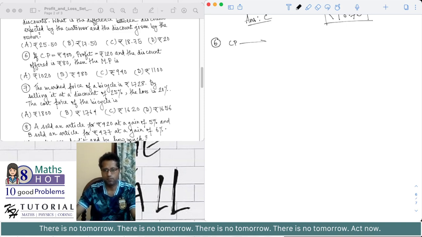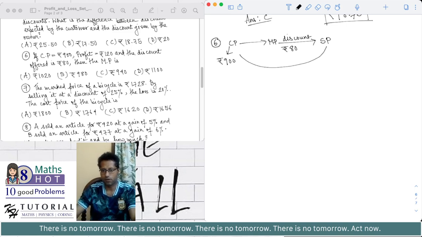From the CP, we have the mark price. CP is given to be rupees 900, and from the mark price, there will be a discount which is given to be 80, and we are having the selling price which is not given, but it is given that we are having a profit from the cost price.